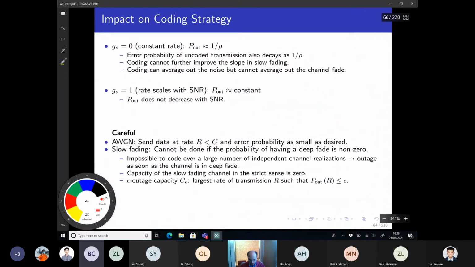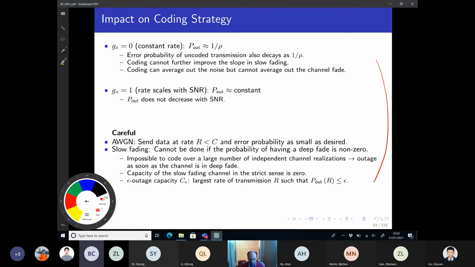Good. So all what I was saying is actually summarized here. That's the important thing. When you have slow fading channels, you don't know the channel at the transmitter. Essentially, you cannot avoid having some deep fade. You will always have some channel realization over which you cannot have reliable transmission, and you're going to have an outage.